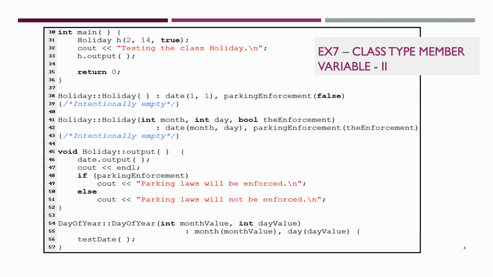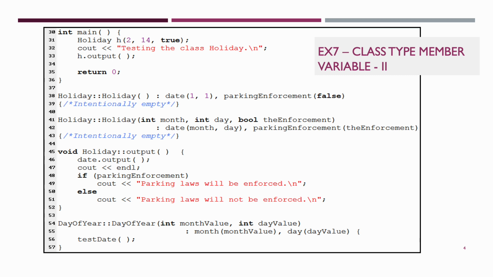Notice the comment, intentionally empty. These indicate that this constructor doesn't perform any additional actions beyond the initial member variable assignments. The second constructor on line 41 takes three arguments, month, day, and the enforcement, allowing us to set a custom date and parking enforcement rule for the holiday.